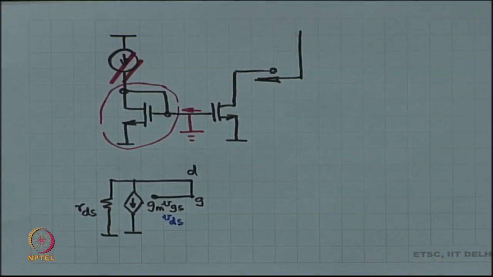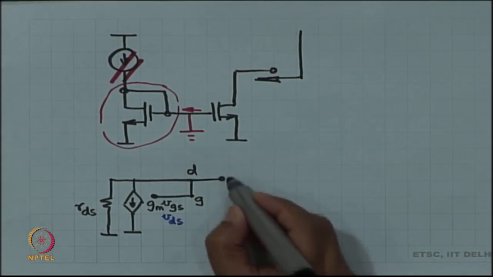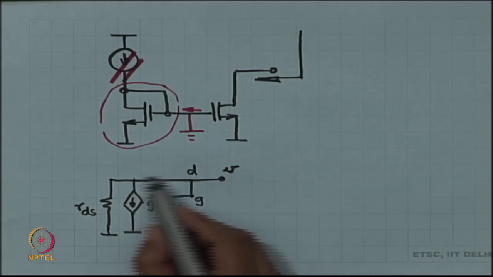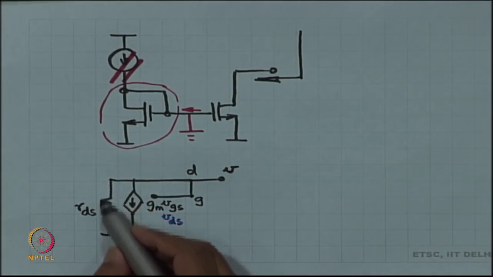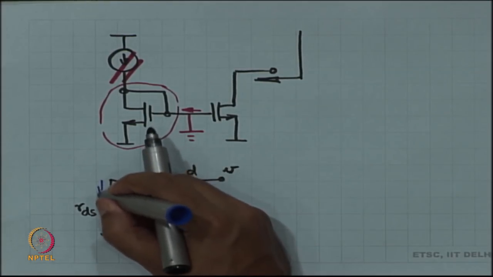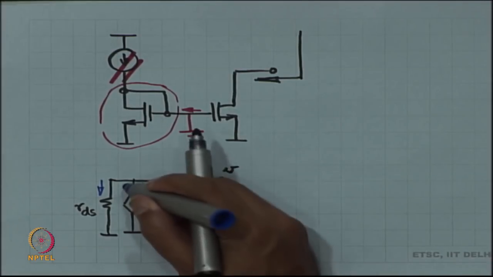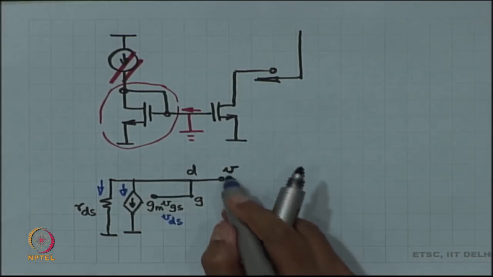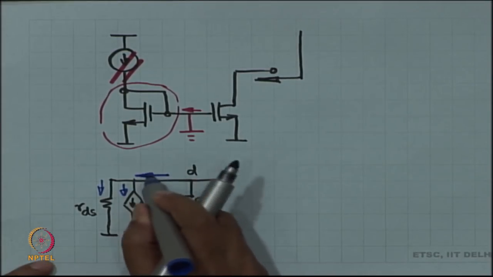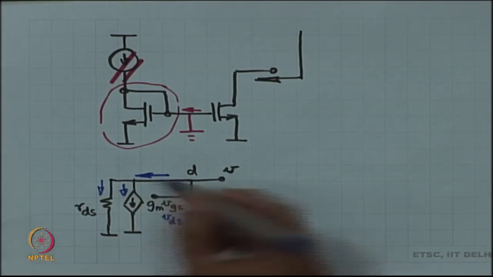So, if I apply a voltage V over here, what is going to be the current? I apply V, V times GDS is the current through this path, and the current through this path is going to be V times GM. So, the net current is going to be V times GM plus GDS.